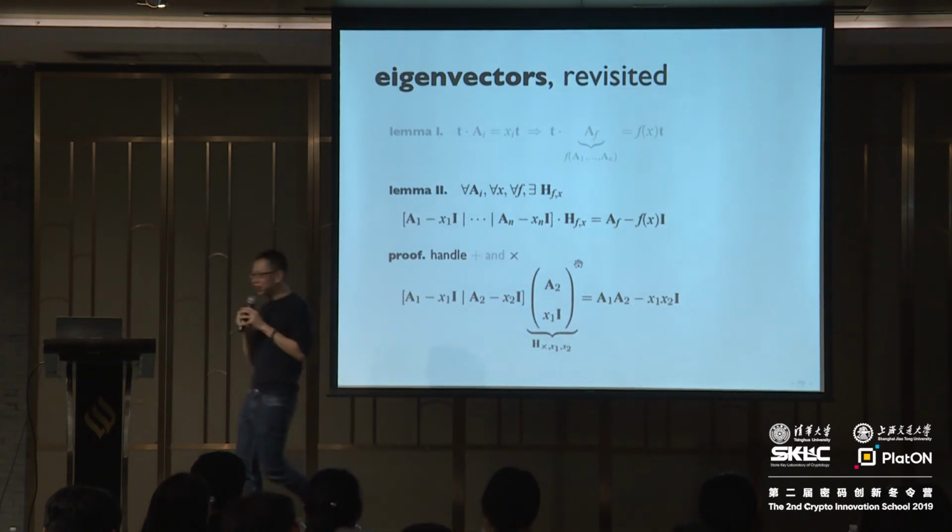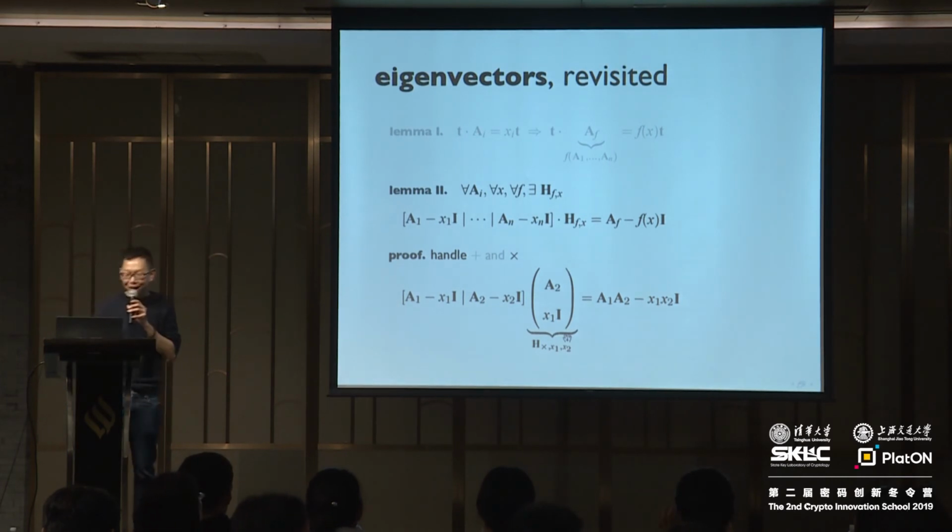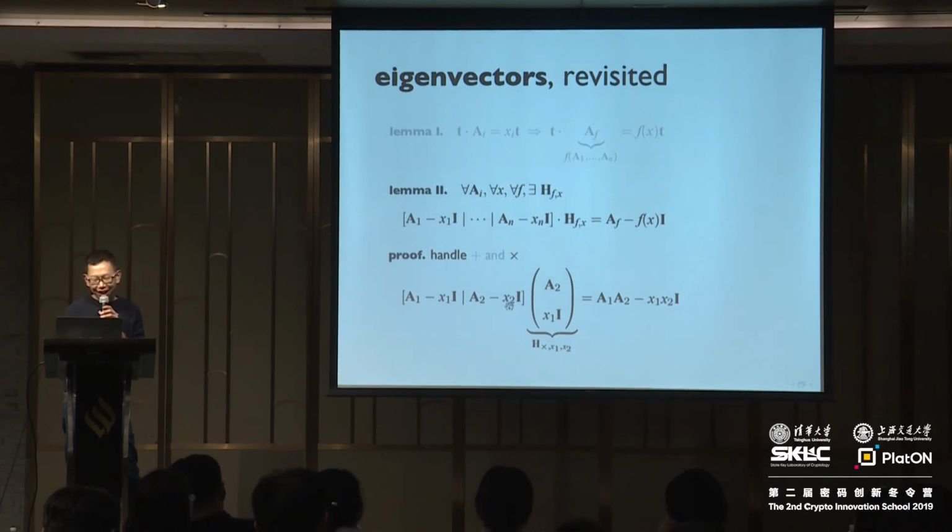Now the non-trivial interaction is to check that this times this exactly cancels out this times this. So x1 I times A2 exactly cancels out A2 times x1. So these cross terms cancel out, and you end up with A1 times A2, which is this thing over here, and x2 times x1, which is this thing over here.